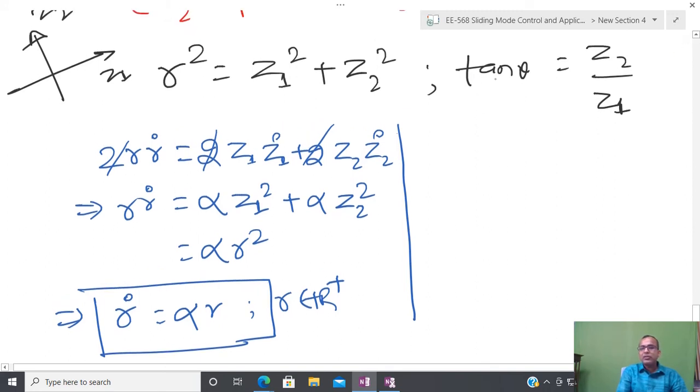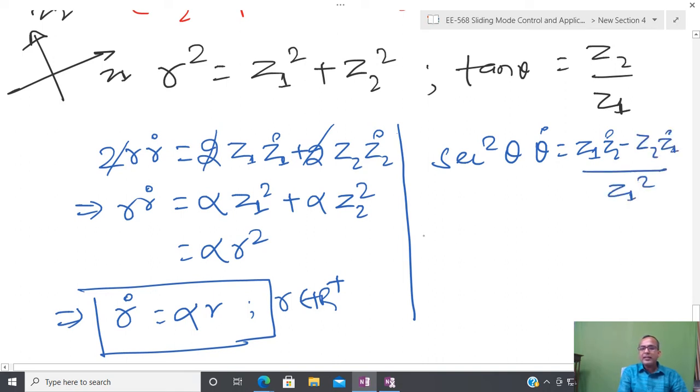Now the angle. I am going to take differentiation, so this is sec square theta into theta dot, equal to z1 z2 dot minus z2 into z1 dot by z1 square. In place of sec square theta, if you substitute 1 plus tan square theta, then I have z2 square by z1 square, because sec square theta is 1 plus tan square theta.